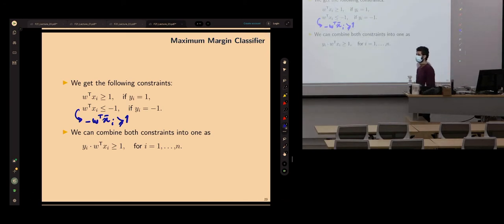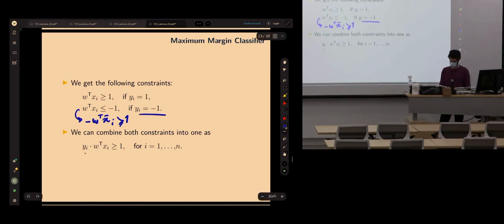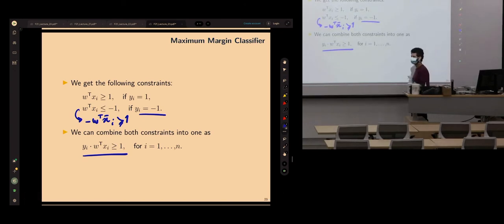Then if I multiply by y, which is just plus 1 or negative 1, times W transpose X bar i, I can combine two inequalities into 1.